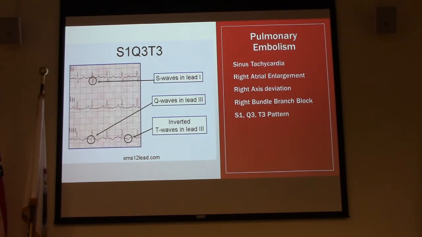Q3 means in lead 3 I have a Q wave, whereas in lead 1 and lead 2 I don't have a Q wave. And T3 means I have an inverted T wave in lead 3, but I don't in leads 1 and 2. Put that in conjunction with right axis deviation, right bundle branch block, possible right atrial enlargement, right ventricular hypertrophy, and you've got almost all the evidence you need right then and there to diagnose this patient with a pulmonary emboli.